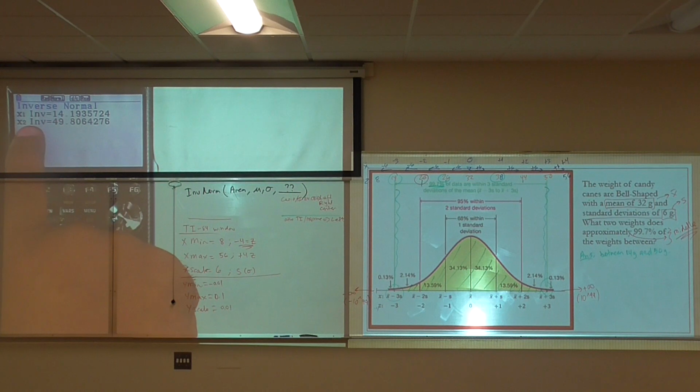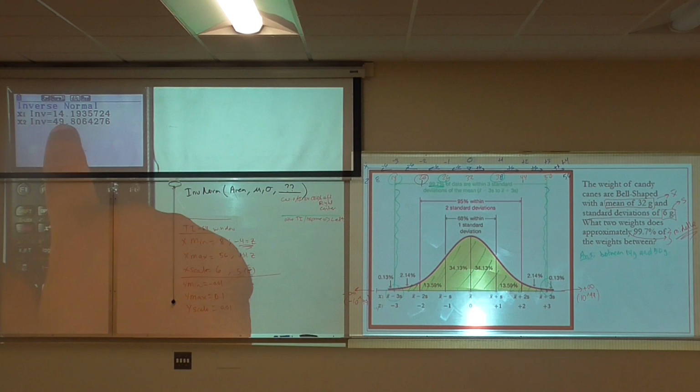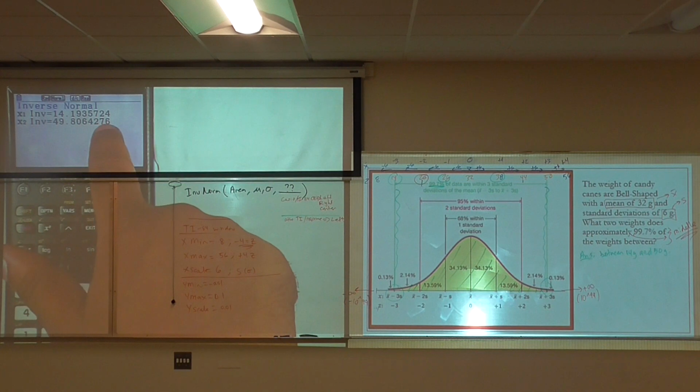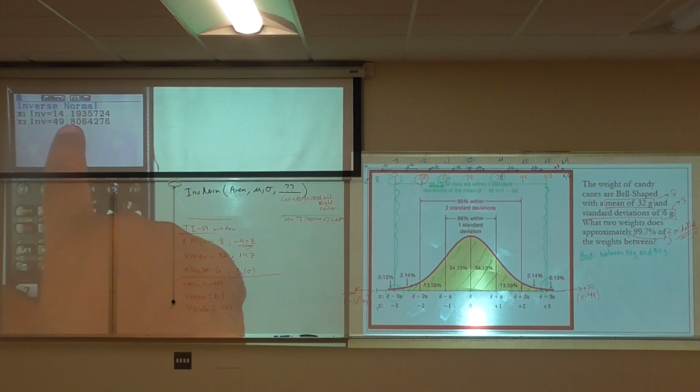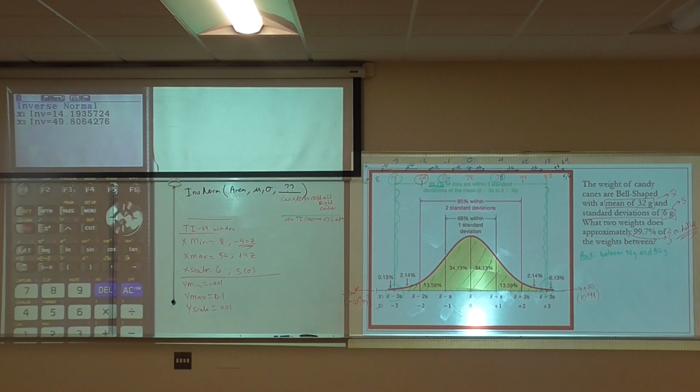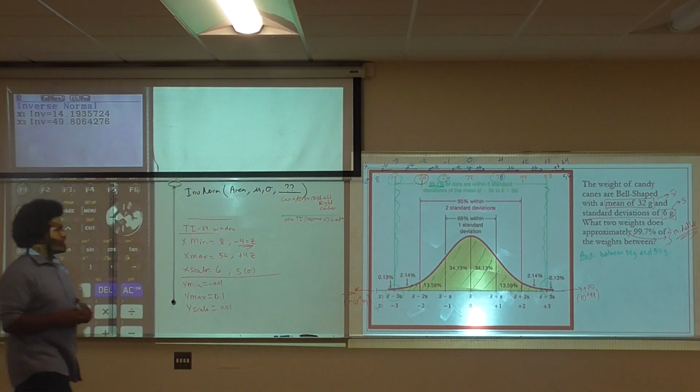Similar thing for x2, the upper one. So this is your lower, this is your upper, and it says right here 49.8064276. If I round this to the nearest candy, I get 50. So I'm coming to the same answers when I round it and using technology.